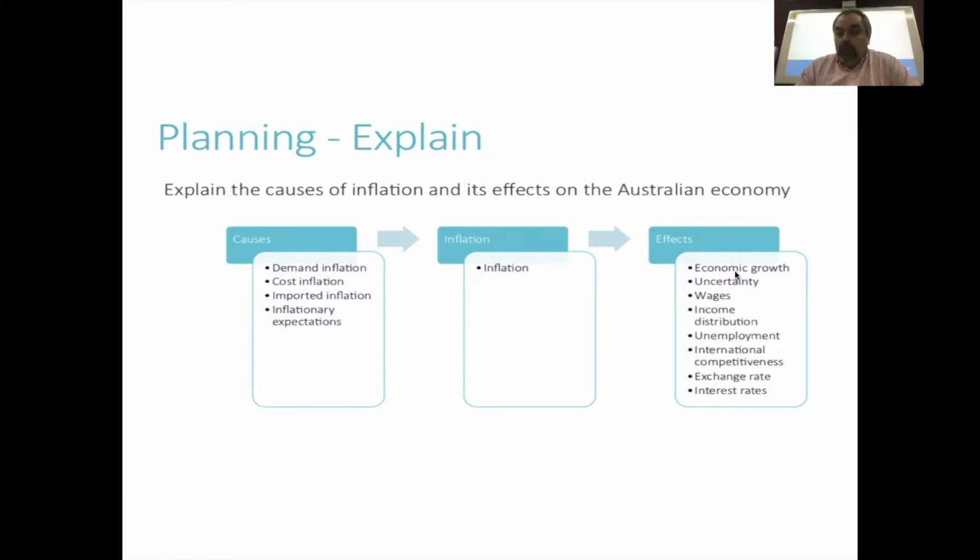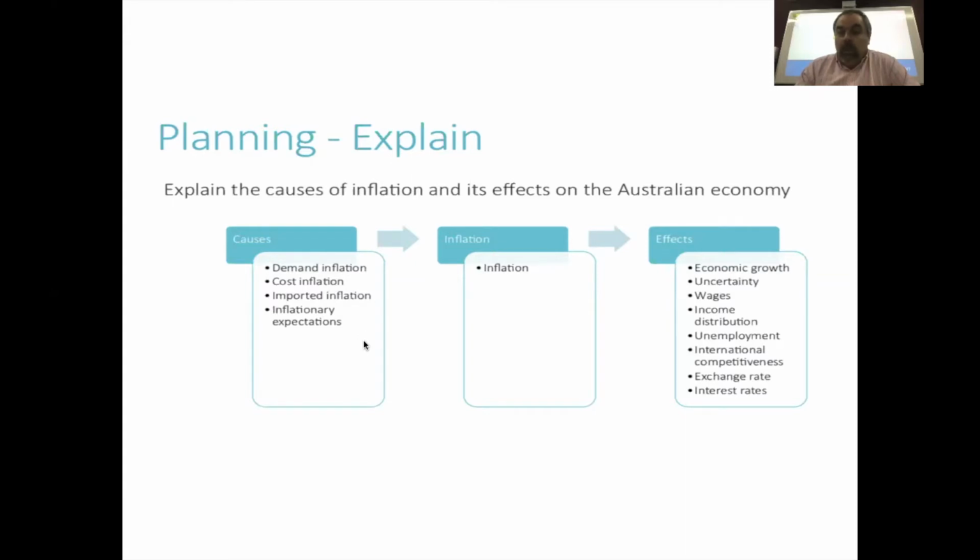The effects of inflation would be things like how it impacts on economic growth and wages, how it may have a detrimental effect on unemployment when you're looking at high inflation, and the impact of demand inflation and cost inflation, etc.